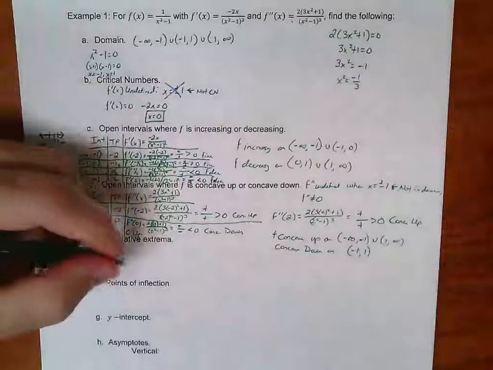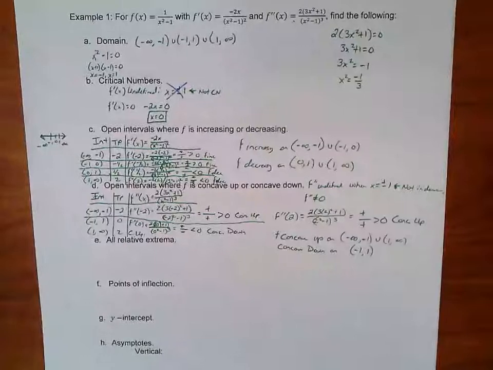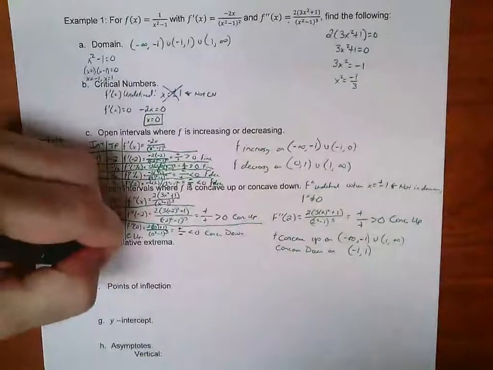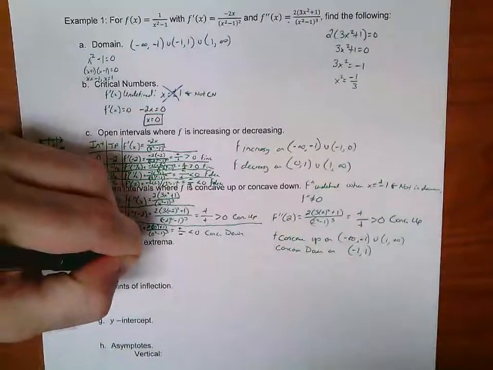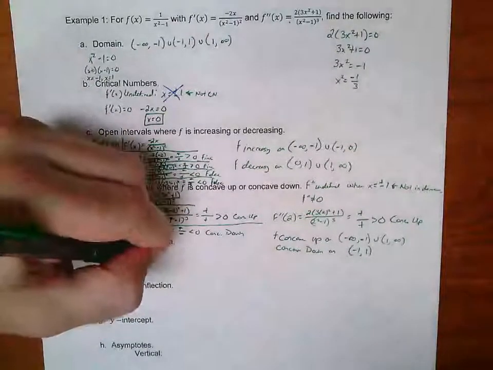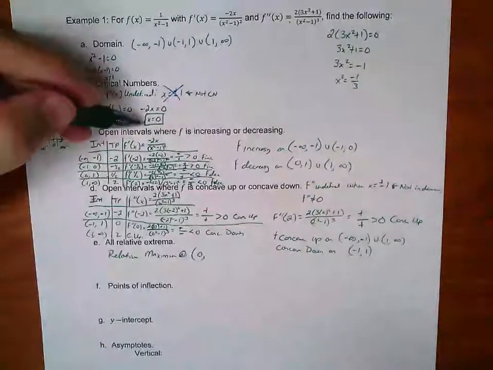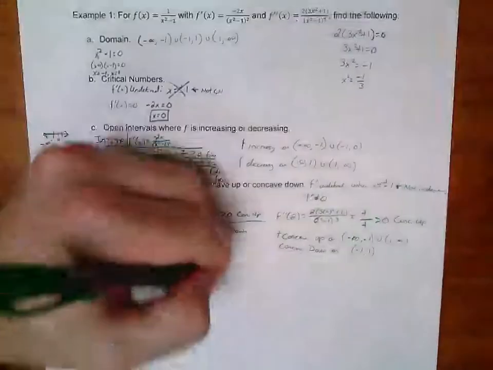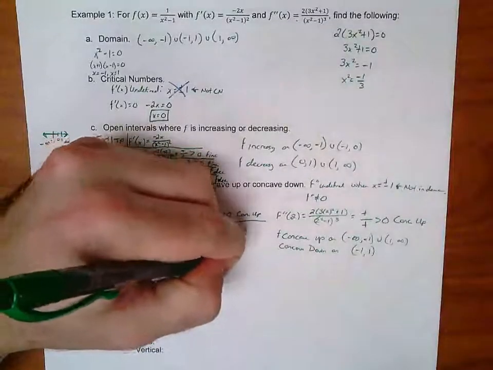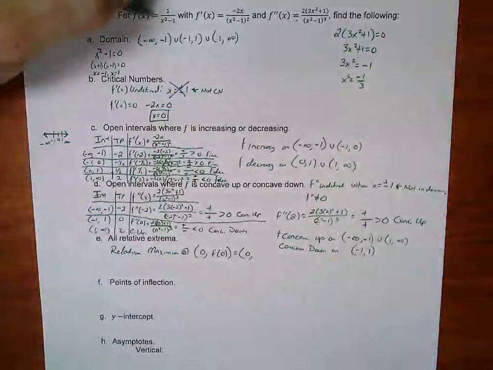So in this case, we know we're going to have a relative maximum at, in this case, 0 comma f of 0, which is 0, and then plugging 0 into f of x.